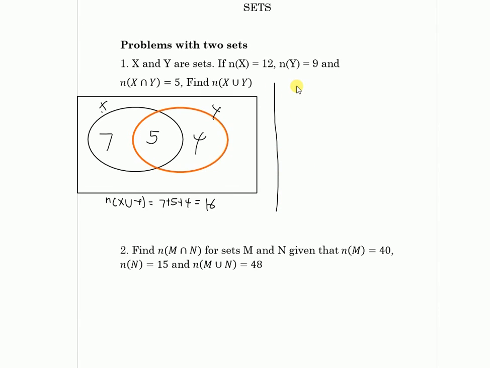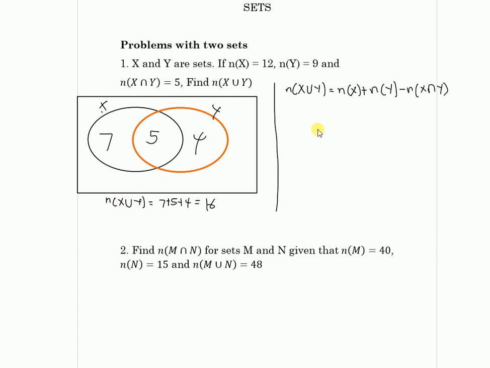Now we can use this formula. You can learn it. This x union y can be got by getting number of elements in x plus number of elements in y minus number of elements in x intersection y.